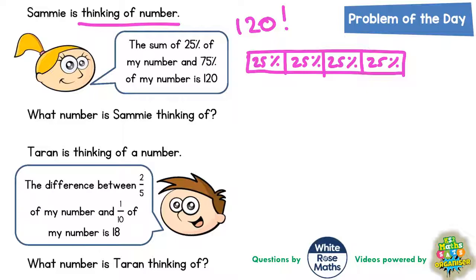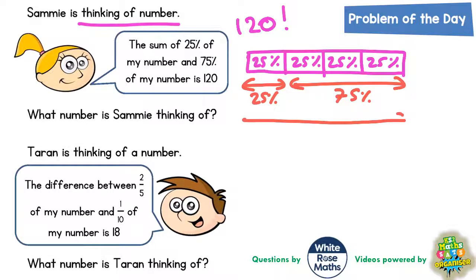Well, 25% would be 1/4 and 75% would be 3/4. So 25% and 75%. And it is telling us that the 25% and the 75% adds up to 120. So the whole bar adds up to 120, which means the number she must be thinking of is 120.